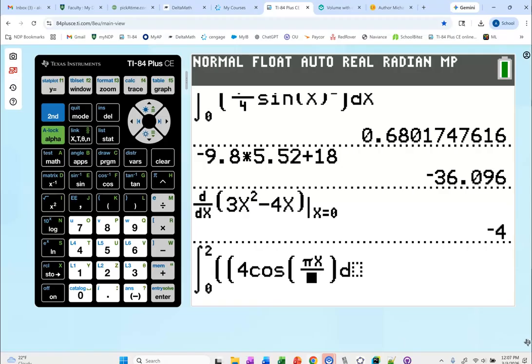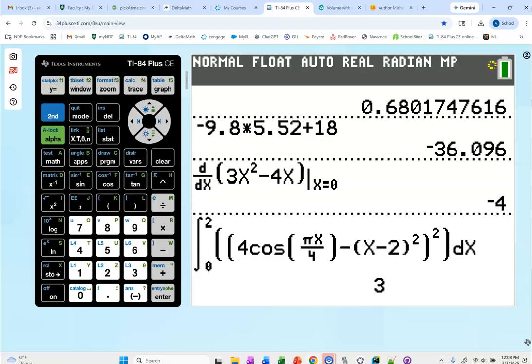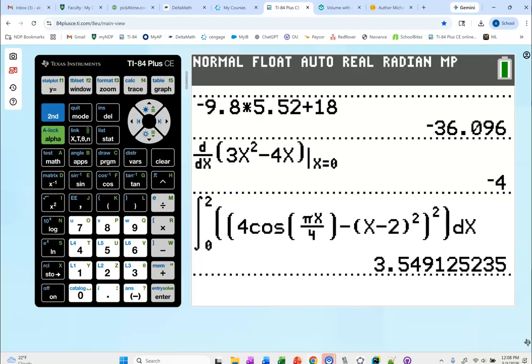Pi x over 4, oops, that's not where I want the parenthesis, over 4 minus x minus 2 squared, dx. And then we'll just press enter. So about 3.55.